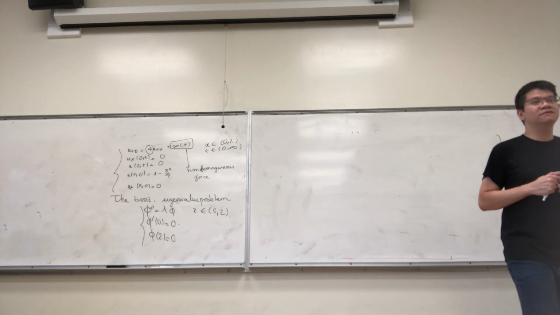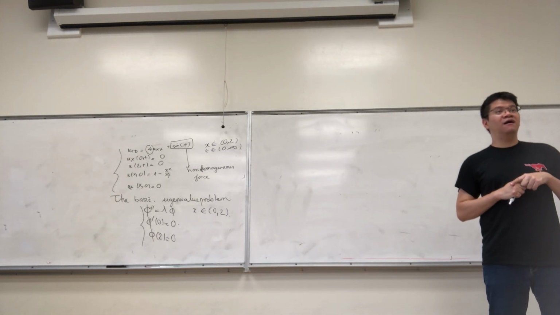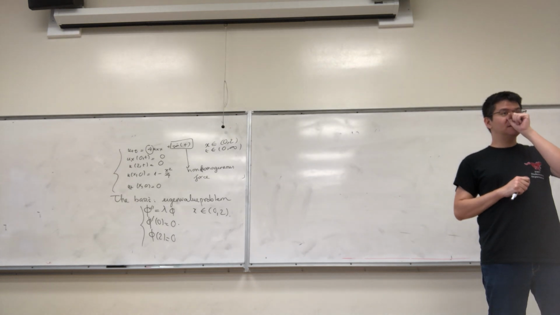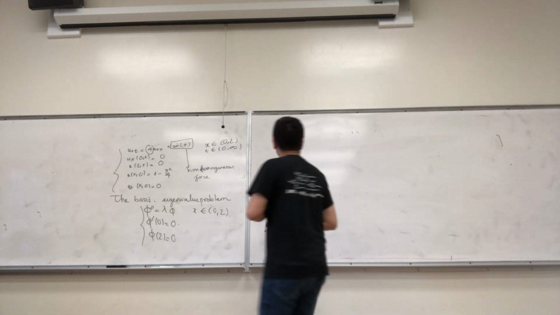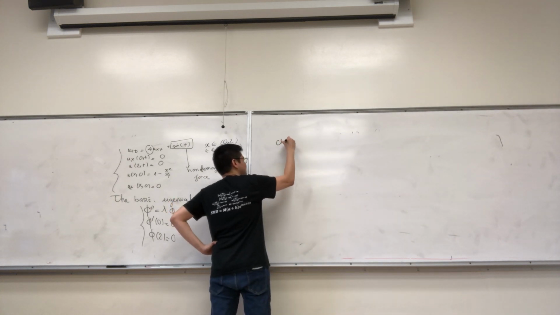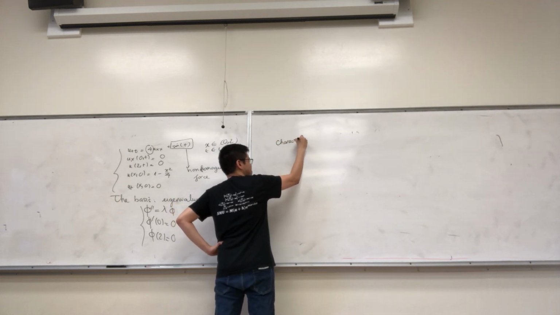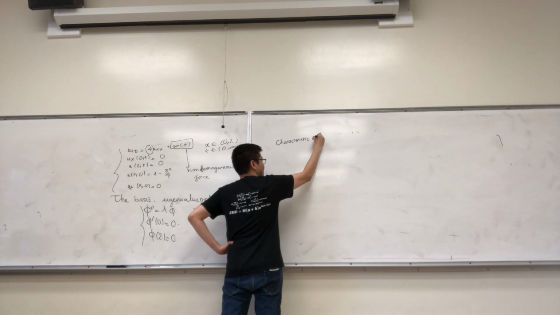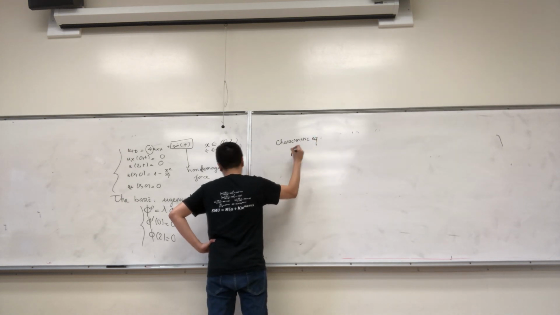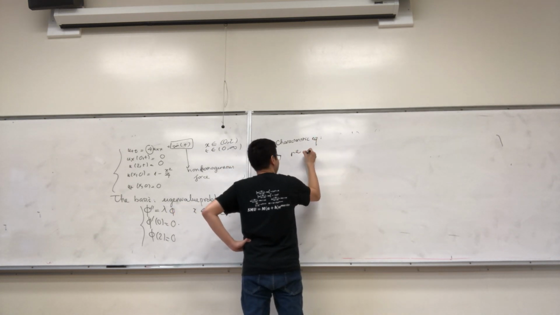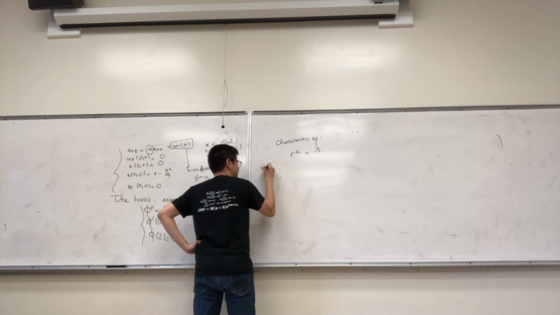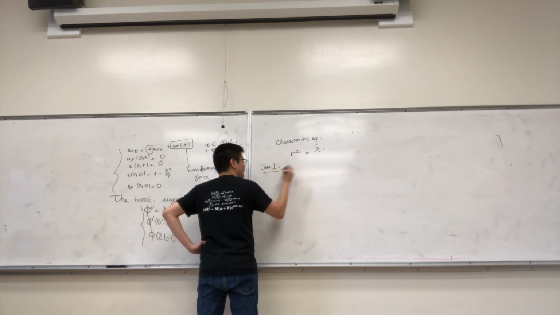How do you solve it? You have the characteristic equation. So this is r squared is equal to lambda. So case number 1, lambda is positive.